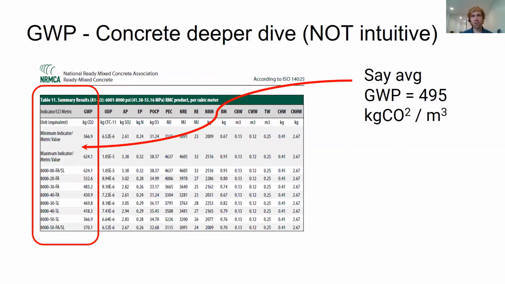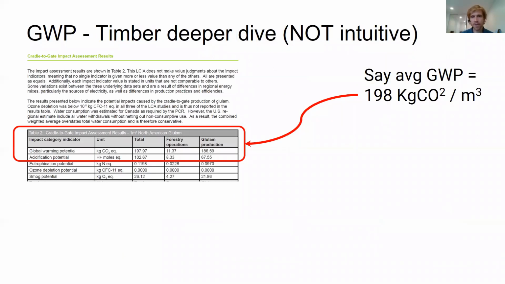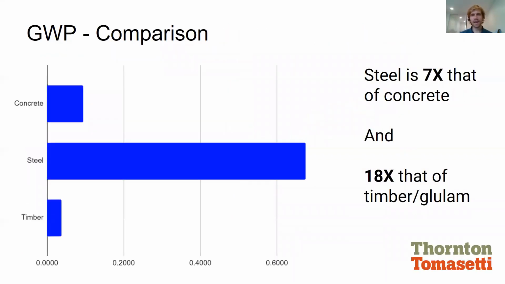So without this tool, it's hard to really get a sense of what a good GWP number is, what a bad GWP number is, even if you compare concrete versus steel versus timber. These are all very not intuitive, and that's entirely because you need the material quantity multiplied by that GWP number to get a useful embodied carbon takeoff.